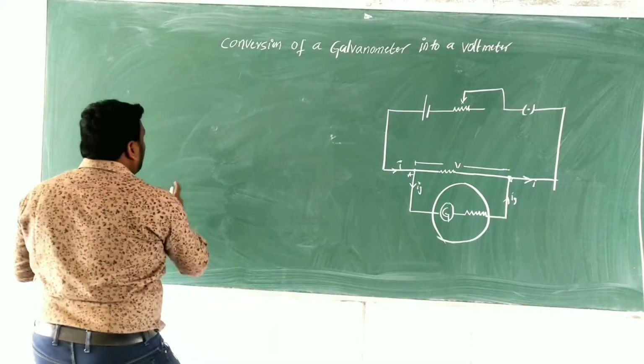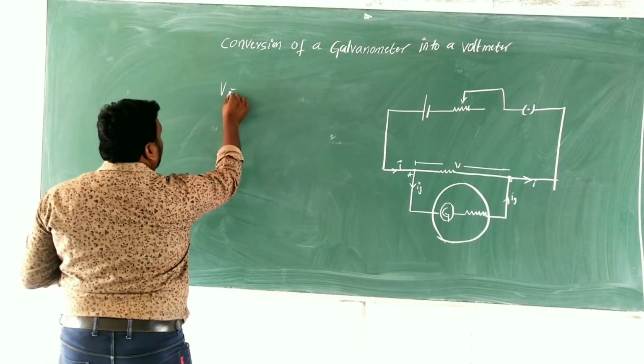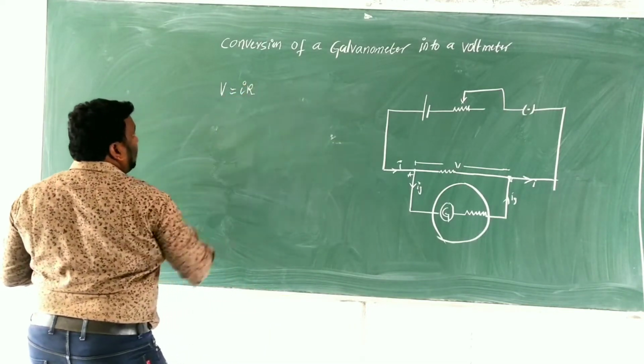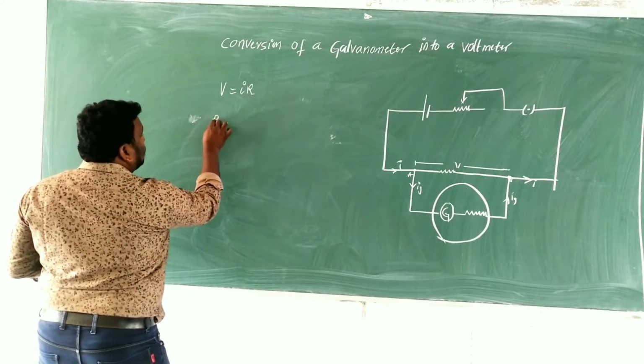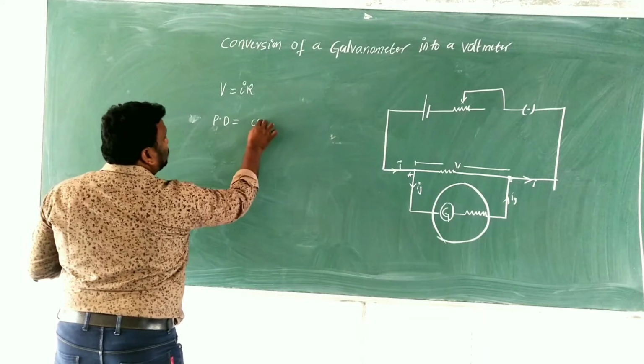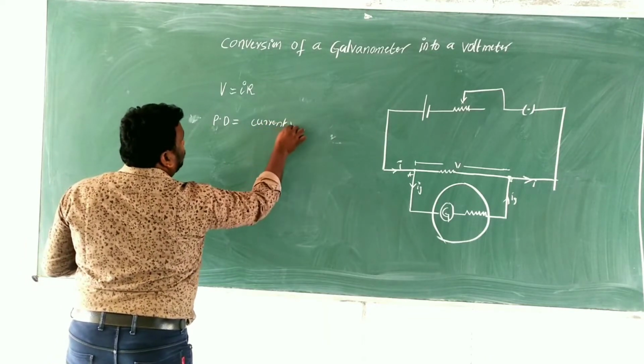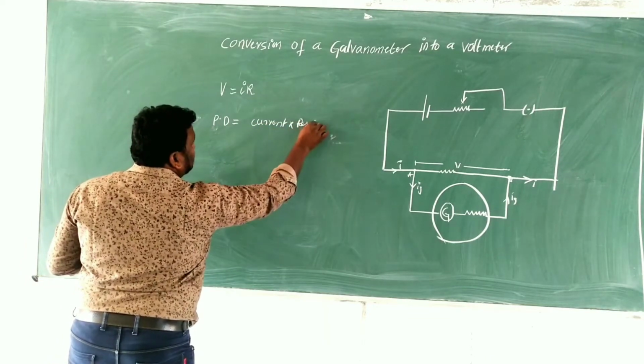Look here, according to Ohm's law, what do we write? V = IR. I mean here potential difference is equal to current into resistance.